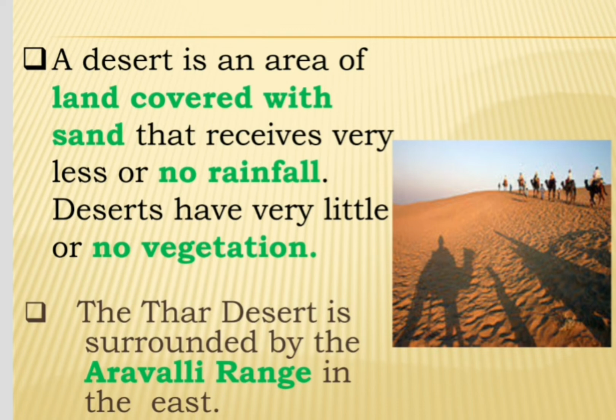The Thar Desert is surrounded by the Aravalli range in the east. Remember these 3 points about the desert. Sandy region, receives less rainfall. Few plants grow in the desert. Understood?